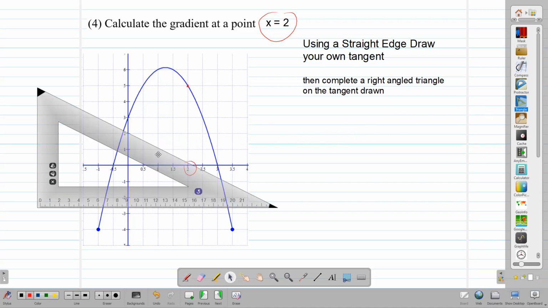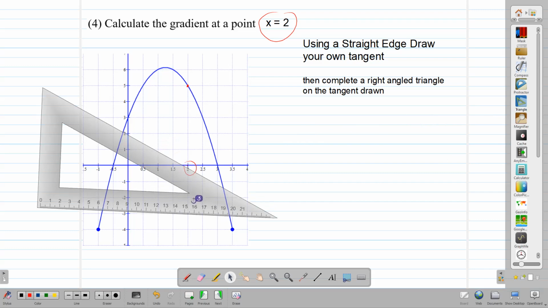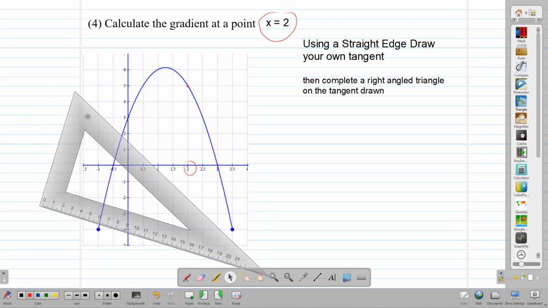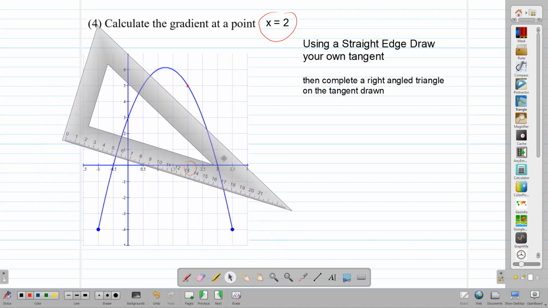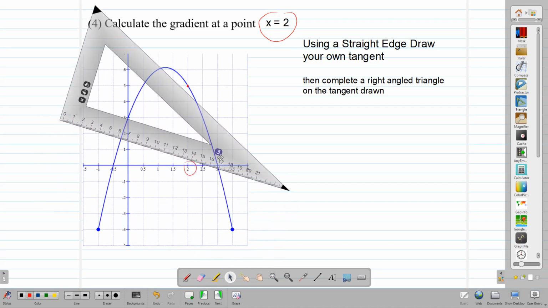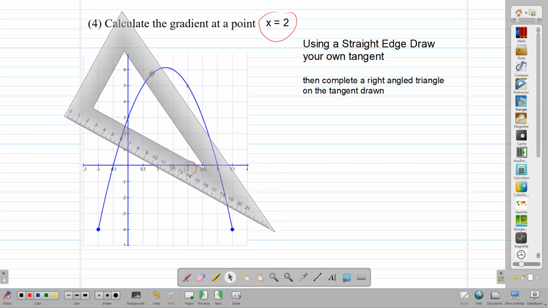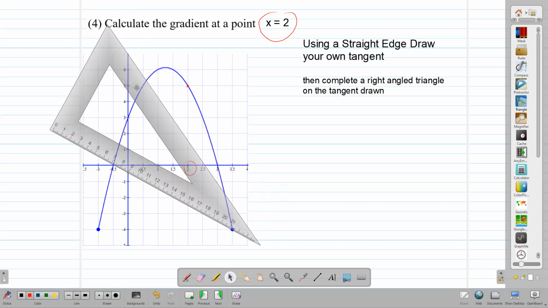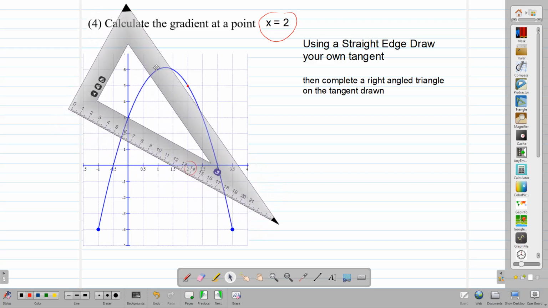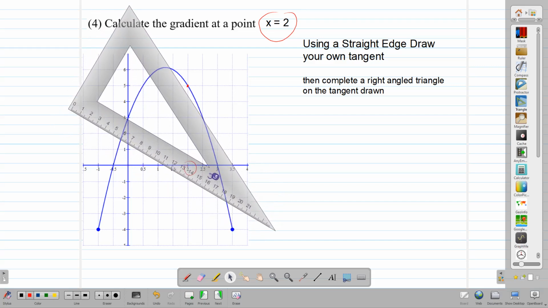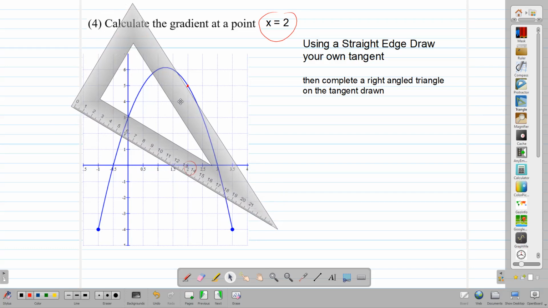And what you do is that you try to isolate the point where the tangent should be drawn. You need to push your ruler around, push it from inside the curve, like that, until you actually isolate your point. And once you isolate your point, there we go, that looks good.